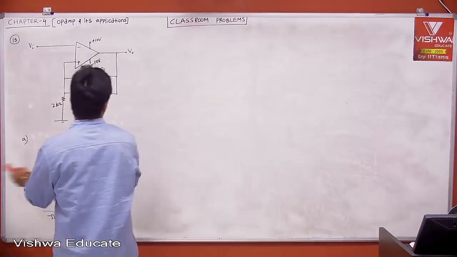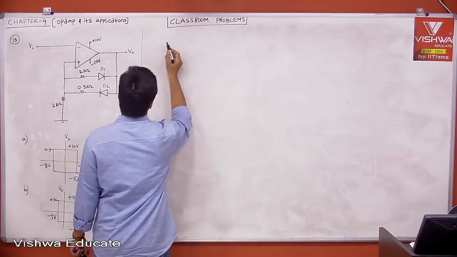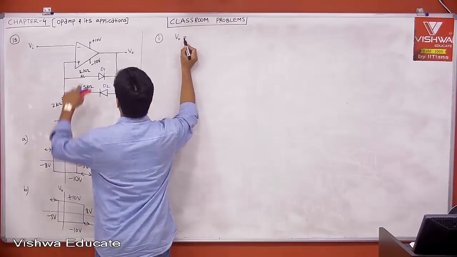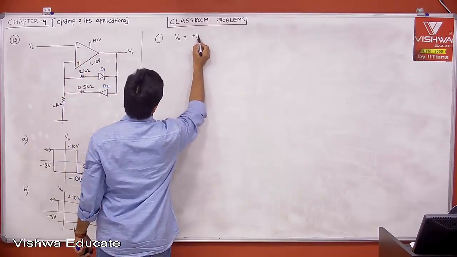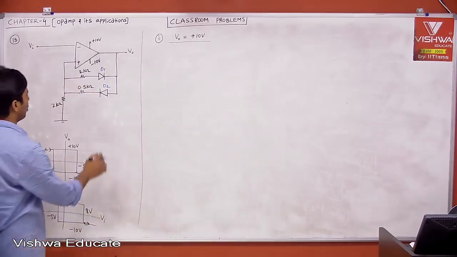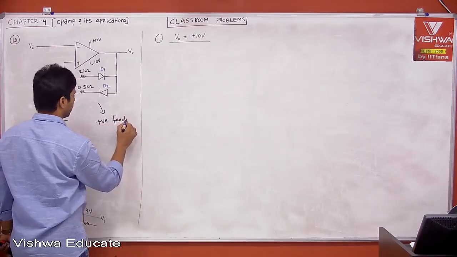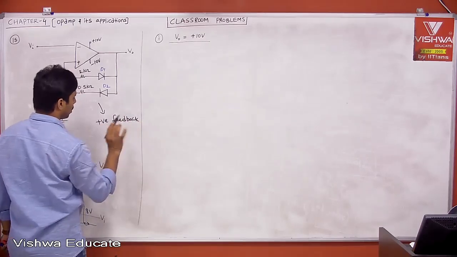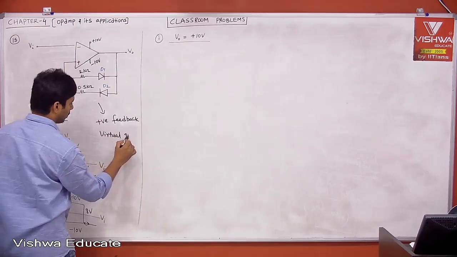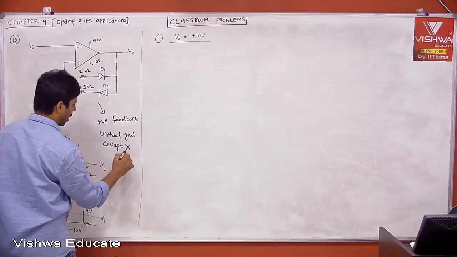Anything is fine. Then, based on the output, I am going to tell the state of the diodes. Let us say case 1. When V0 is equal to plus 10, let us say, then tell me the states of the diodes. This is a positive feedback problem. Therefore, the virtual ground concept is not valid.